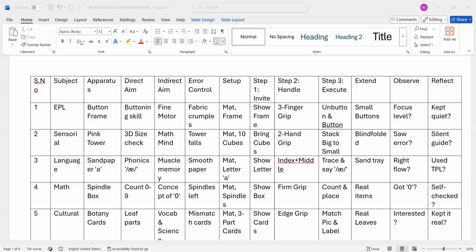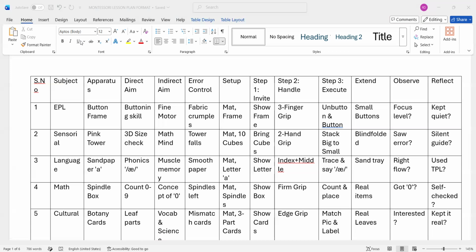Discipline means the subjects which we are teaching in the Montessori school. Like in our traditional schools, we teach one language, then environment, then mathematics. Likewise in the Montessori system, the disciplines or subjects are these which you can see here.